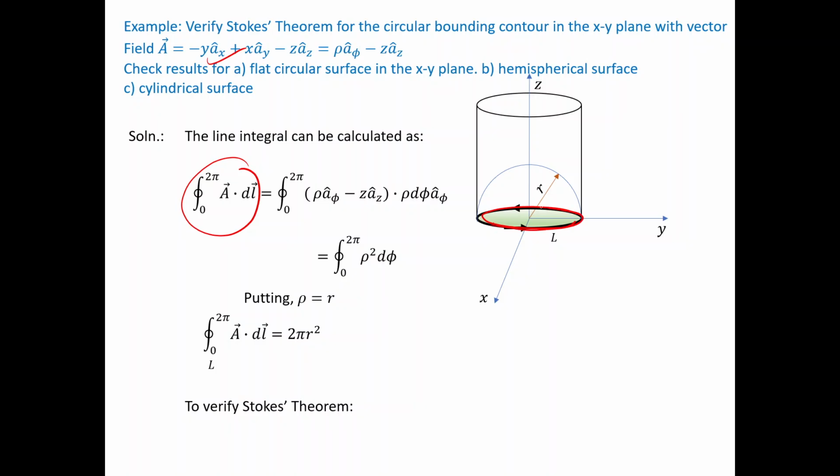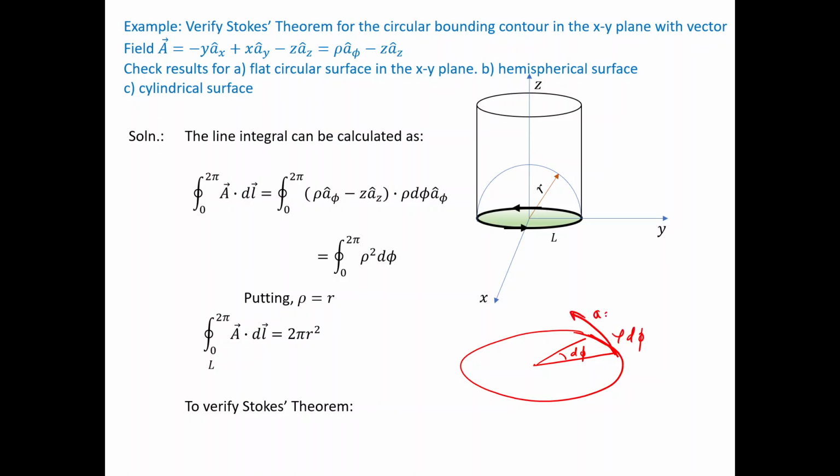Now for this circular length, we have to apply a cylindrical representation. Then this must be d phi, and using the cylindrical system, this length must be rho d phi, and this direction must be the a phi direction, the changing phi direction. That means the differential length is rho d phi in the a phi direction, and this is our vector field.